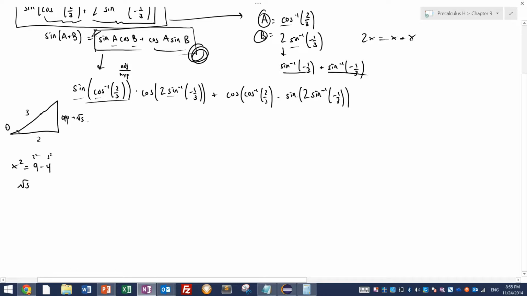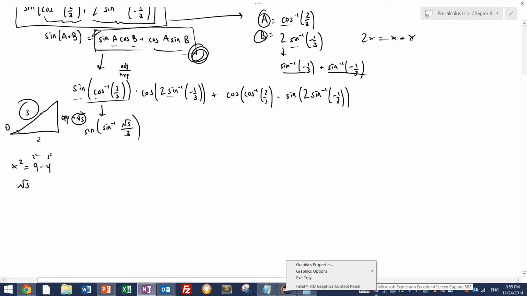And then now what we can say is that arc sine of opposite over hypotenuse is going to be root 5 over 3. And now what we do have is something along the lines of this or this, which is helpful for our purposes. So what we're going to continue to do is tackle this right here.